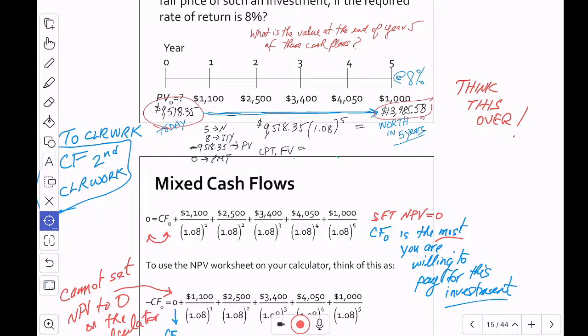Exactly. So if these amounts, this is what it's worth to get those later, and if I leave them earning interest, this is what they'd be worth in 5 years.